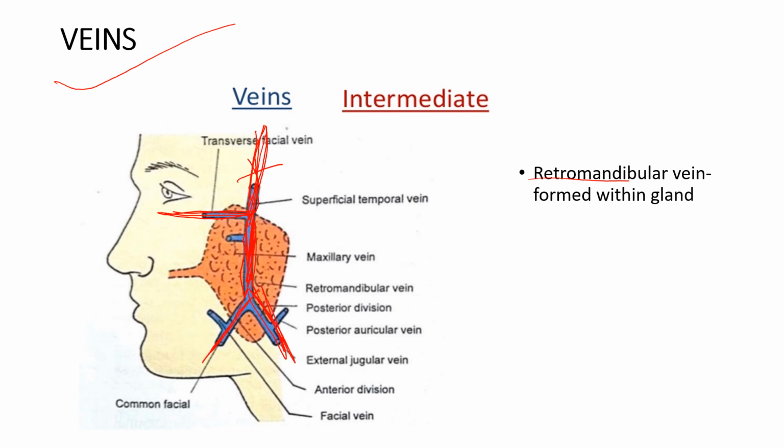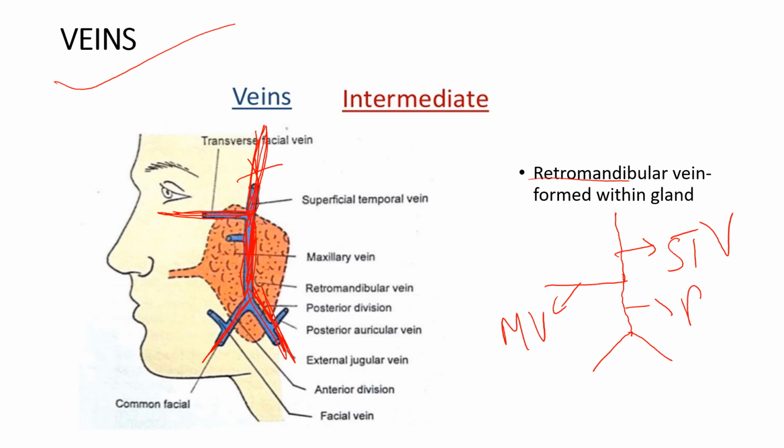So what did we discuss? The superficial temporal vein will join with the maxillary vein. It will become the retromandibular vein, which will further divide into anterior division and posterior division. So this is the superficial temporal vein. This is the maxillary vein. It has become the retromandibular vein. This is the anterior division and this is the posterior division.